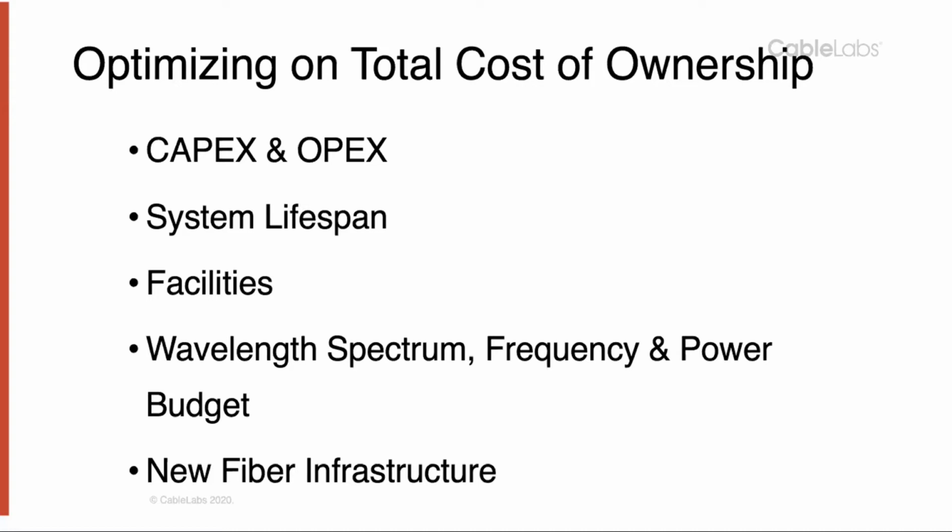In cable, we have different types of signals. Some of the signals consume a lot of power. Our analog signals use a lot of optical power. We have to be also cognizant of what the power budget is as you put many optical signals within the fiber strand. But at the end of the day, we have to make sure that we efficiently leverage our existing fiber infrastructure, and we design based on that.